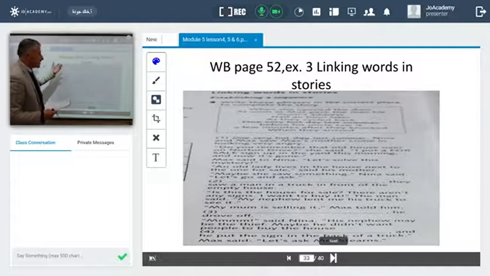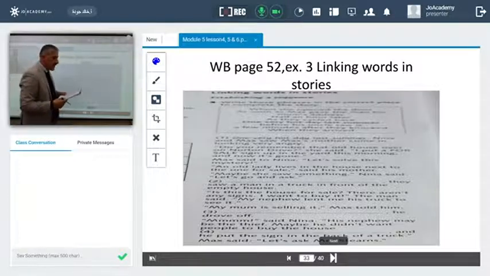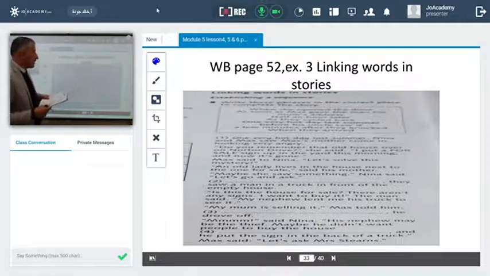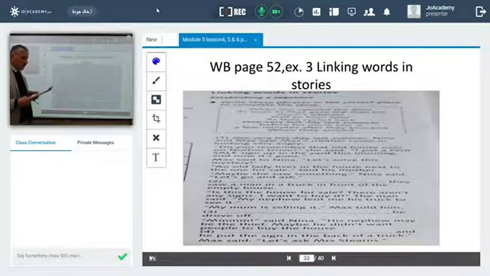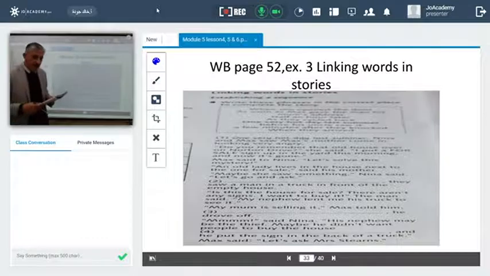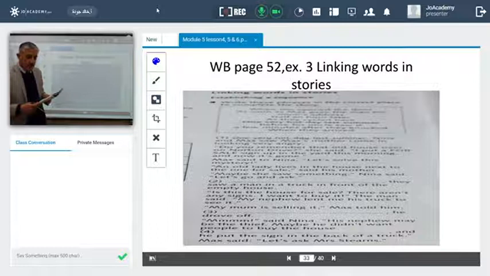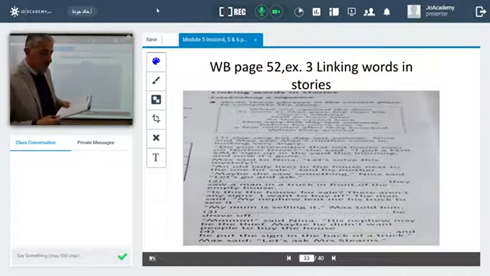Here in the same page, on the other side, linking words in stories. We have exercise 3. We have a story, and we have to use the linking words in the box. When she opened the door, as soon as Max gave the man his mom's address, half an hour later, as they cycled back, one very hot day last summer, before his uncle saw it, a few minutes after they knocked, when they arrived.